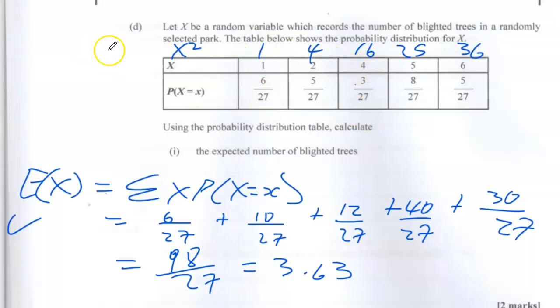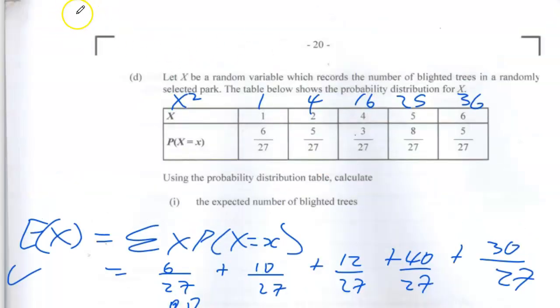Let me work out E of x squared up here. So x squared times the probability. So 1 times 6 over 27, that's 6 over 27. Plus 4 times 5, that's 20 over 27.